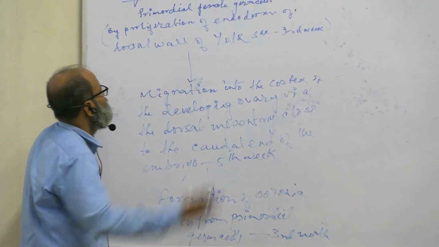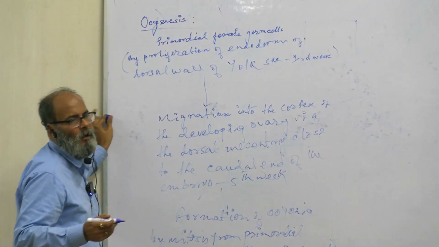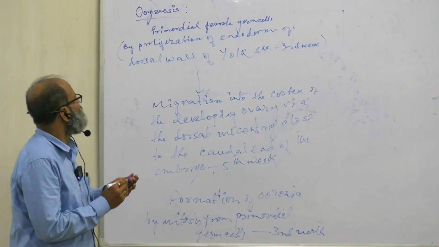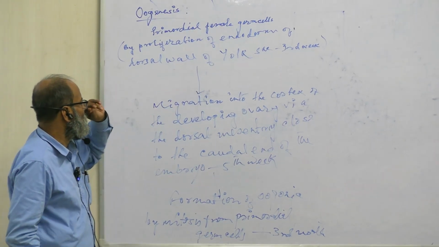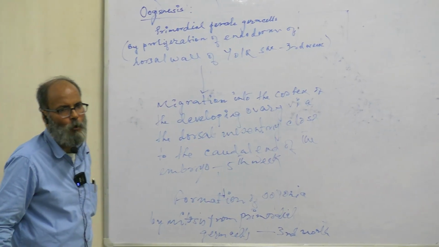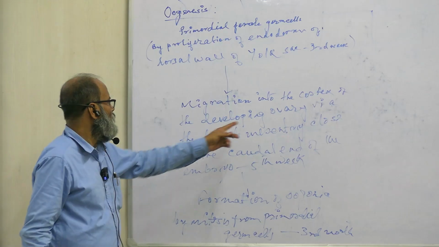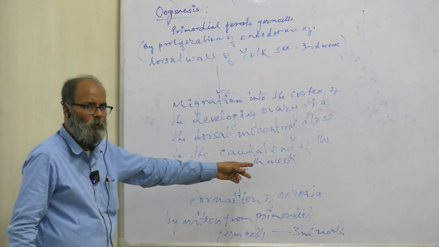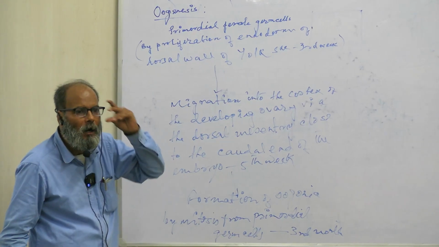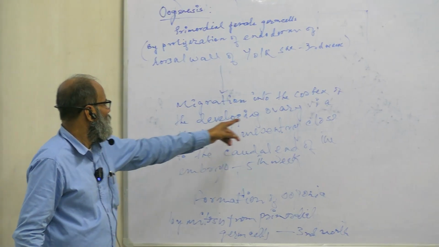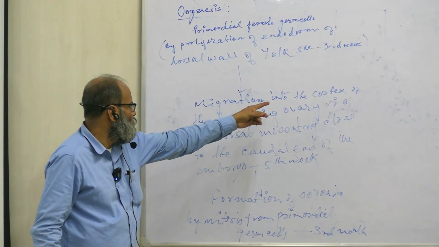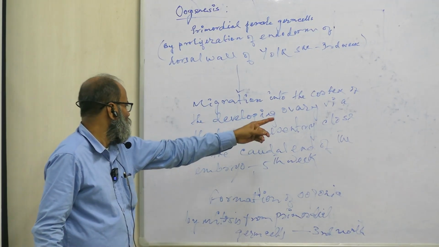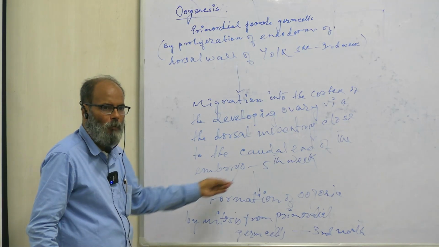What is my point? Primordial germ cells appear by the proliferation of the endoderm of the dorsal wall of yolk sac by third week, then migrate into the cortex of the developing ovary via the dorsal mesentery close to the caudal end of the embryo by fifth week.